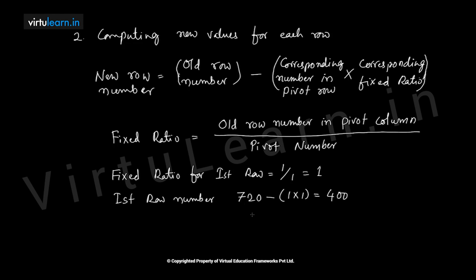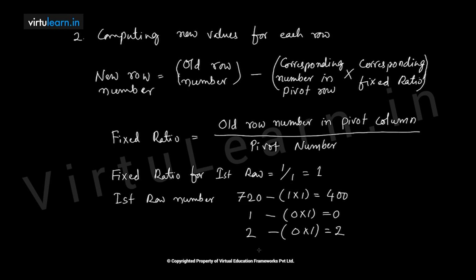Then 1 minus 0 into 1 is equal to 0. Then 2 minus 0 into 1 is equal to 2.